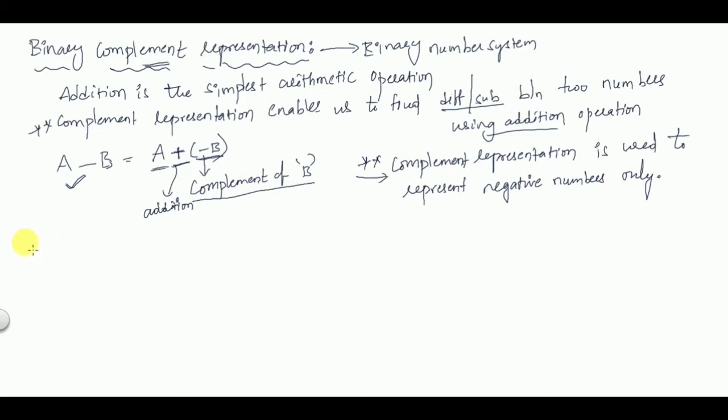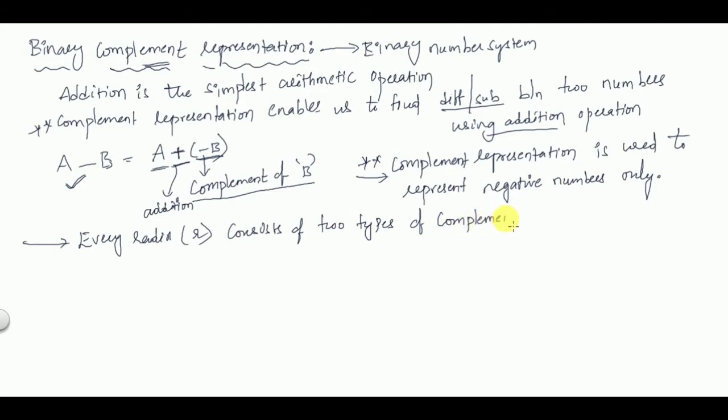Right, so the next point is that every radix, suppose I take it as R, consists of two types of complements. Not only the binary number system, but the hexadecimal, octal and decimal number systems, every number system consists of two types of complements.